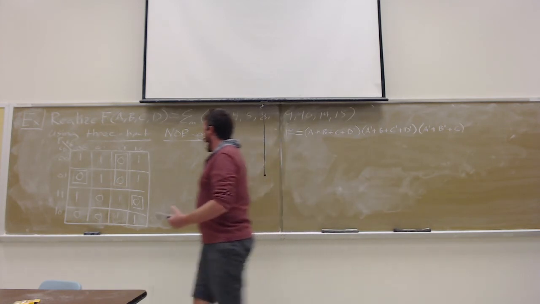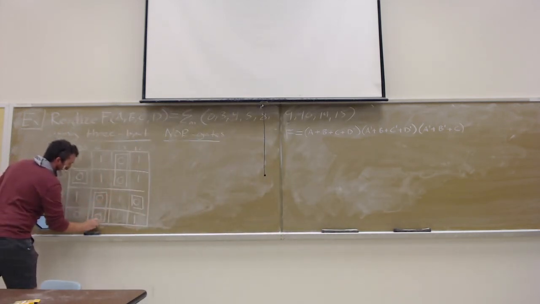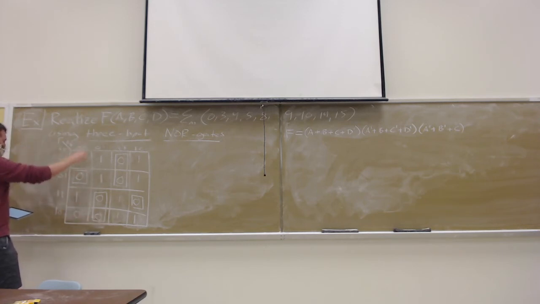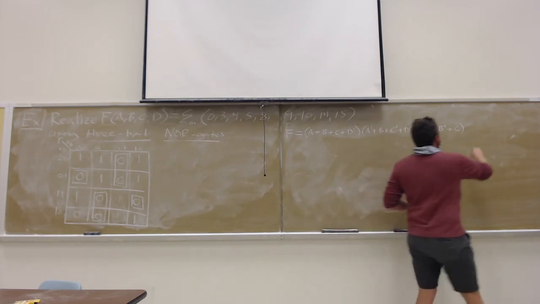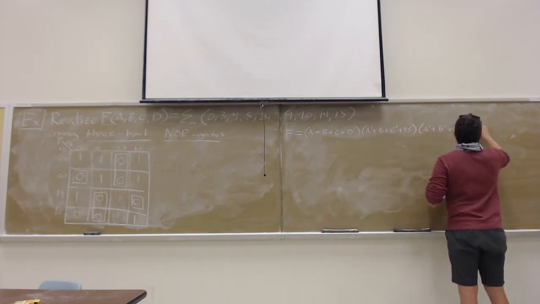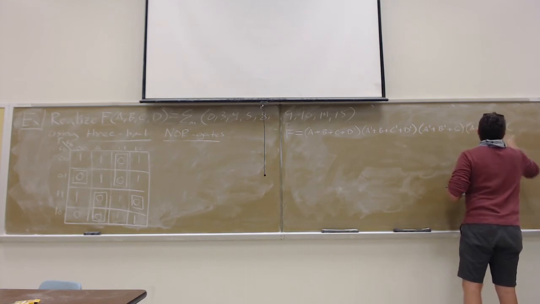And then we've got another group down here. And that's going to be at 0, 1, 1 dash. So it's going to be A, B prime, or C prime. A or B prime or C prime.